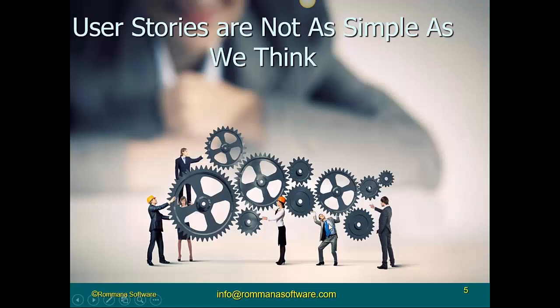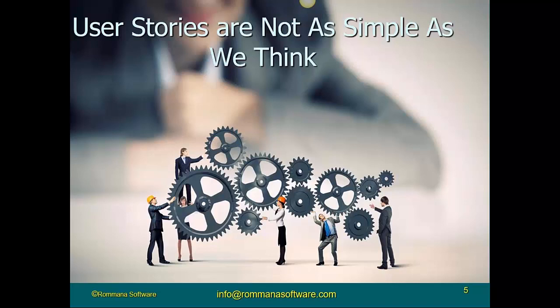In my opinion, many of us working on Agile projects treat user stories in a very simplistic way. It's one statement or one phrase that says, as a role, I want to be able to do something. And I found out that it's not as simple as what we think. You might find different developers working with different user stories, and different testers working with different user stories.